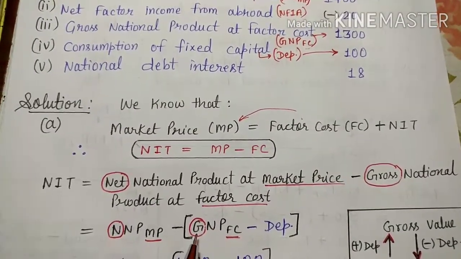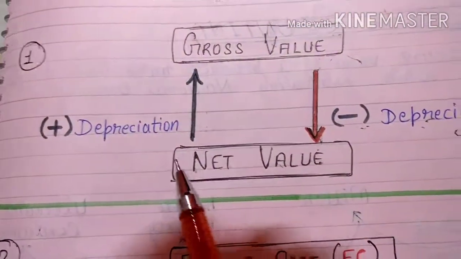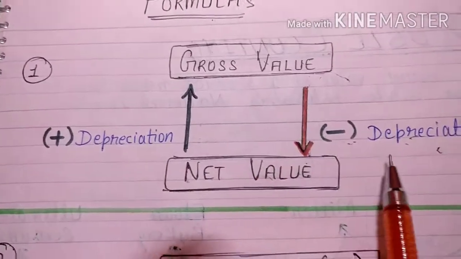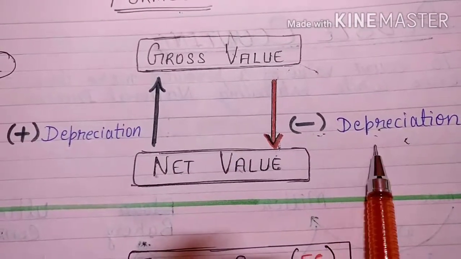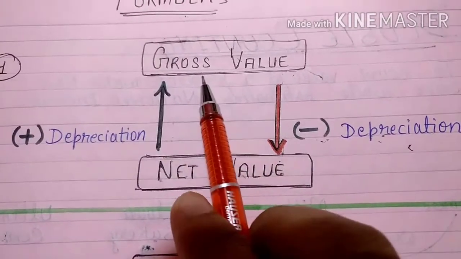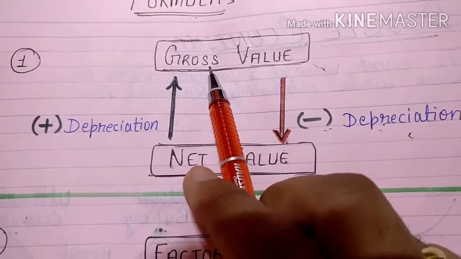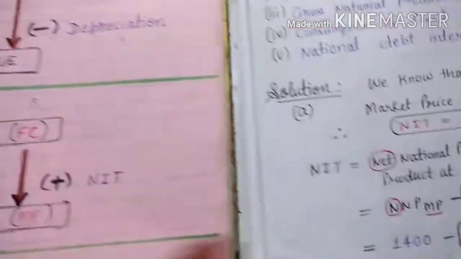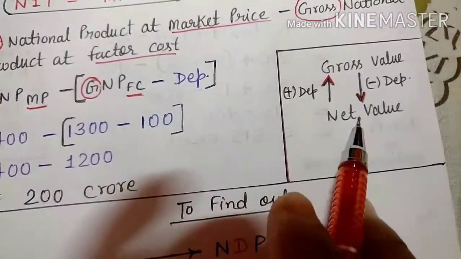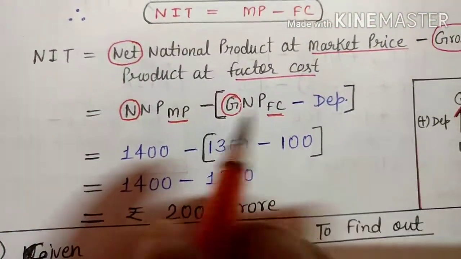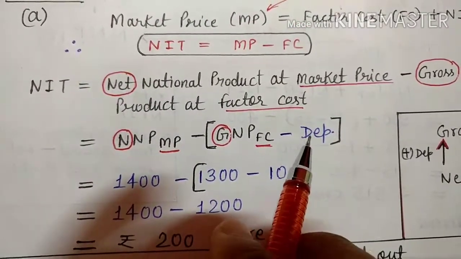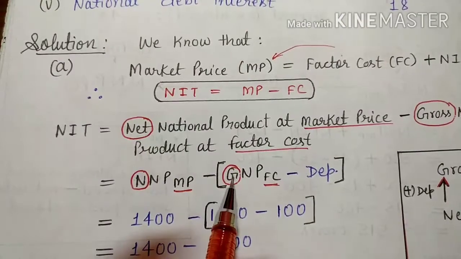So how can we convert? If we have gross and we want to convert this gross into net, what should we do? We should subtract depreciation. Again pay attention, if we have gross and want to convert it into net, we need to subtract depreciation. You can see the formula written here. So from GNP at FC, we subtract depreciation, so that we can convert this G into net.